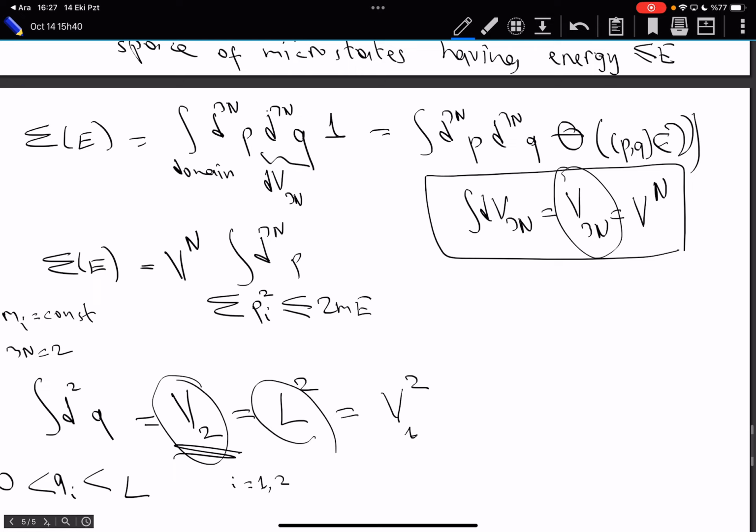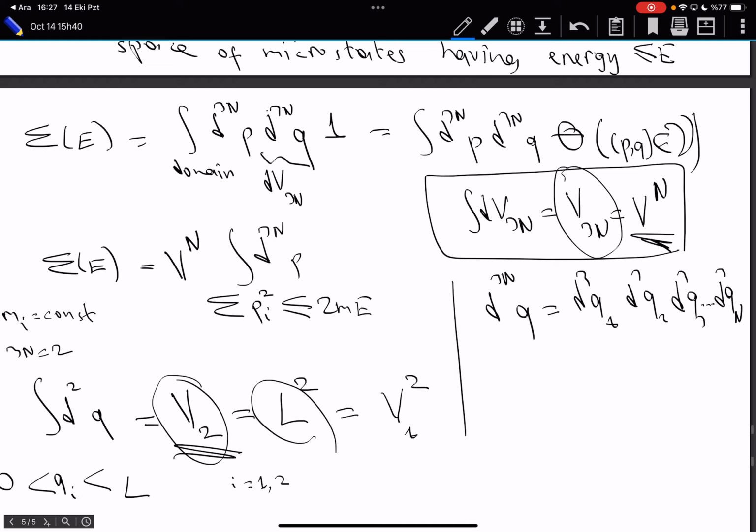Well, that's what I do. Each one of those particles is confined into V. There are 3n of them. So the integral, or let me just write it slightly differently, what is d^{3n}q? d^3q_1, d^3q_2, d^3q_3, d^3q_n.